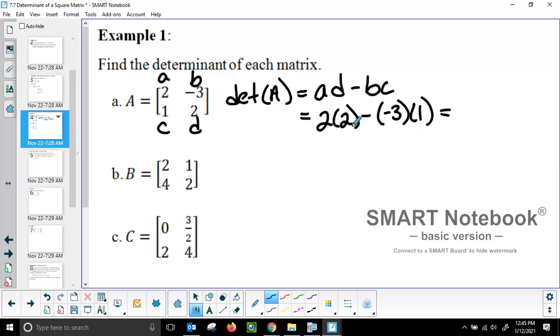That's 4 minus negative 3, or 4 plus 3, which is 7. And that's all we have to do.